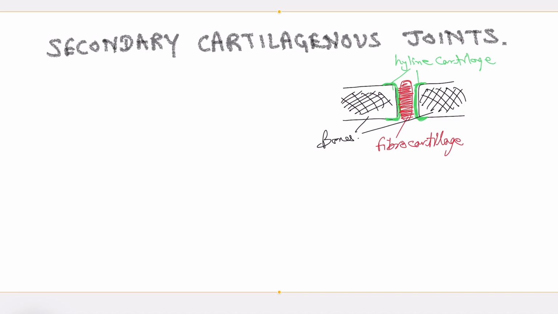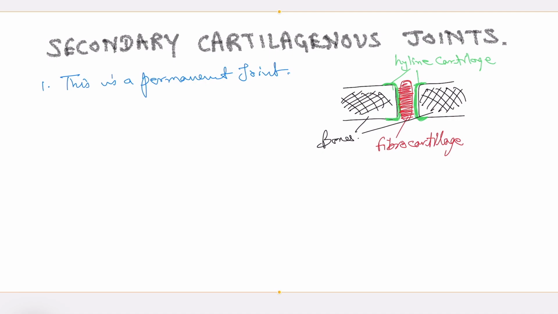Because of the presence of a fibrocartilaginous disc in between the two edges of the bones, this joint is slightly movable. Now the characteristic feature of this joint is, one thing is that this is a permanent joint, unlike the primary cartilaginous joints, which are temporary joints, only present until skeletal maturity.